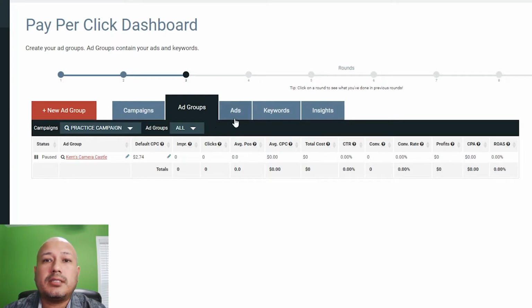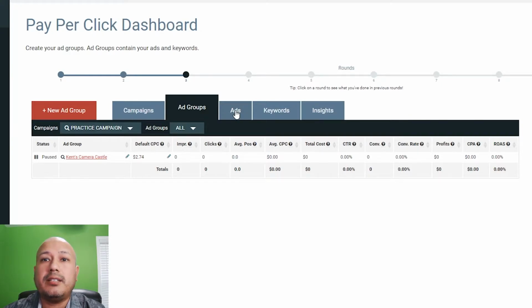So let's just, for example's sake, even though this is paused, take a look at the ads that were created. And as you remember, for the first round you have to create 1 campaign and 3 ad groups with 3 ads, and then in the second simulation campaign round you have to create an additional campaign and then 3 ad groups.